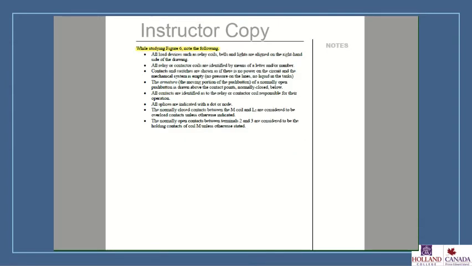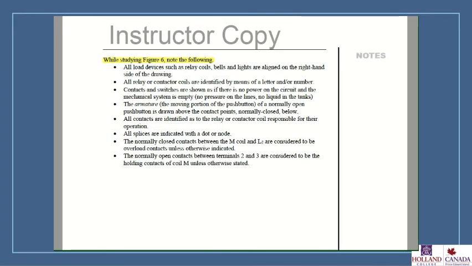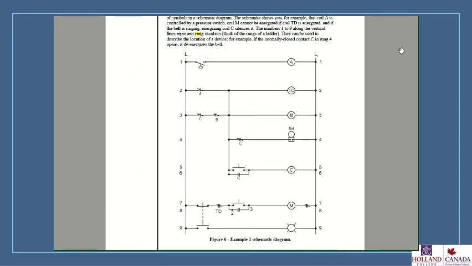While studying Figure 6, note the following. All load devices, such as relay coils, bells, and lights, are on the right-hand side of the drawing. All relay or contactor coils are identified by means of a letter and/or number.